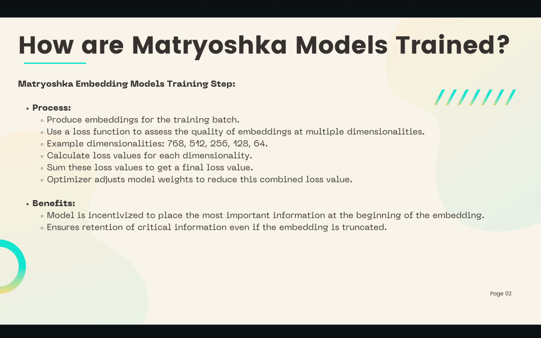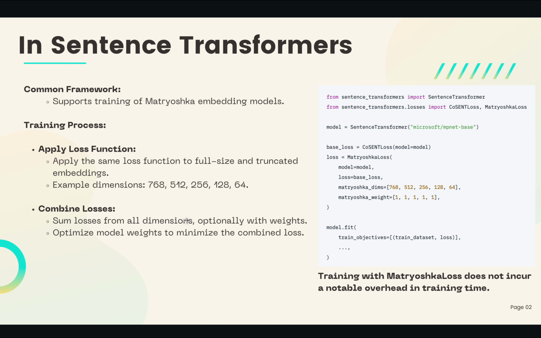Okay, so this is basically how our Matryoshka model is trained, and for simplicity we are using Sentence Transformers. As we know, Sentence Transformers is a big framework that contains thousands of embedding models, so we can load whatever we want, and we train this model using the Matryoshka loss to perform on different Matryoshka dimensionalities as we have seen.